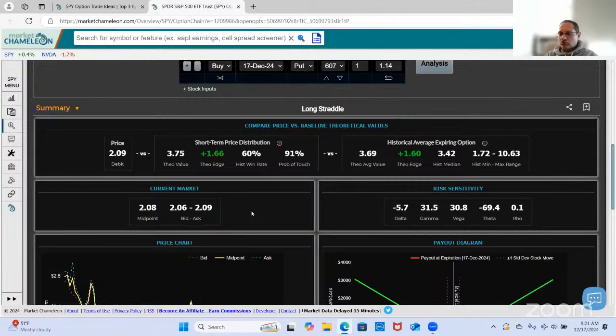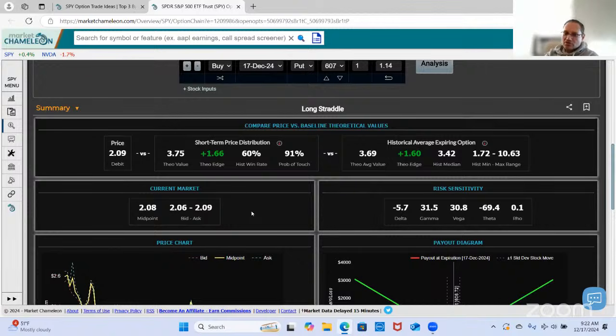It's a relatively narrow spread, but there's some room for potential price improvement. Maybe you could buy it at 208. Maybe there's a market maker out there that if you place the order in between the markets, you might get a better execution. So a little bit of room.